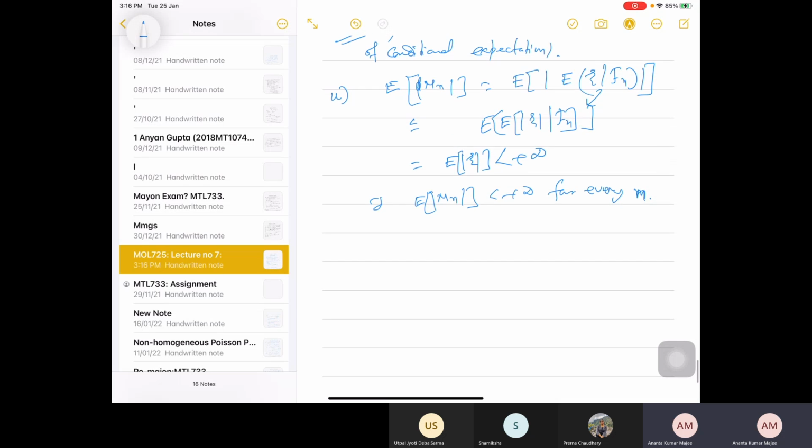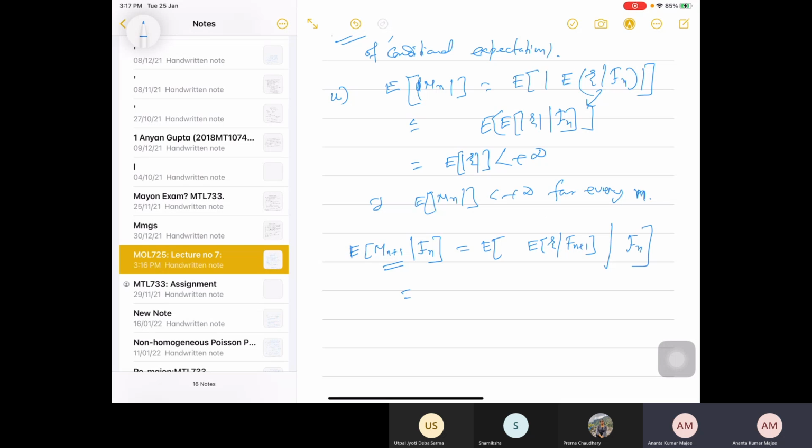Now we need to check whether it is a martingale or not. For that, I have to check the expectation of M of n plus 1 given f of n. I can write M of n plus 1, by definition, as the expectation of zeta given f of n plus 1, and then take it conditional on f of n.